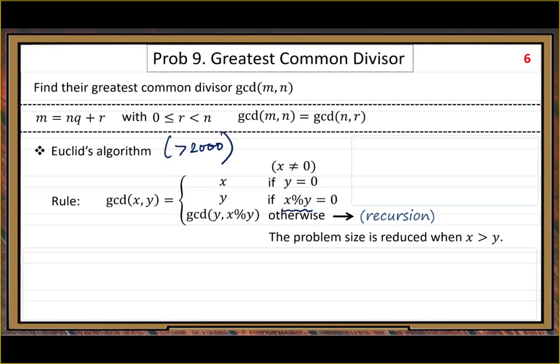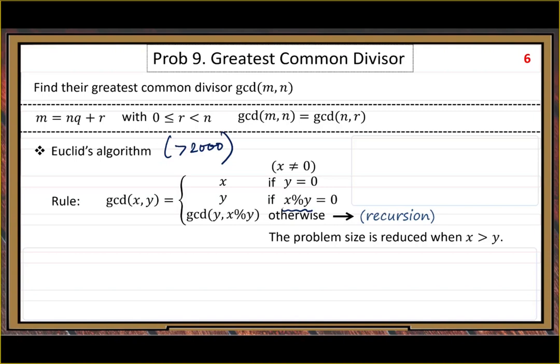We do not need to do prime factorization; we just do integer division and modulation, the remainder. Very fast. Integer division, remainder, size reduction. So you flip a few times, and your computer can do it very fast.